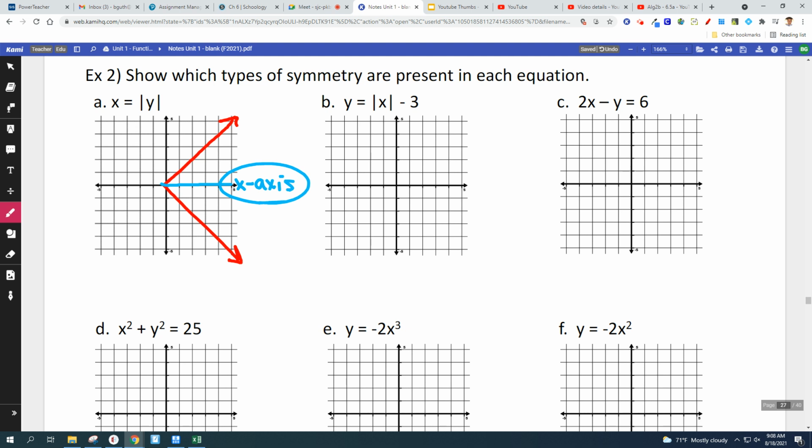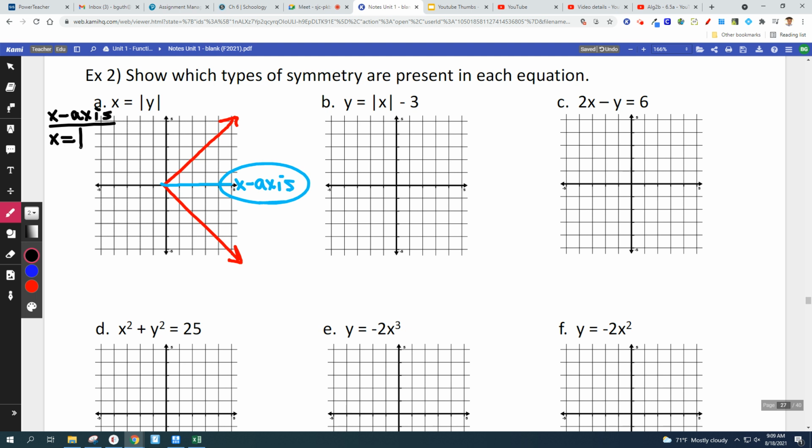Algebraically, to check this algebraically is not my favorite thing to do in the world, but if I wanted to check for x-axis symmetry, I would flip y in the equation. So look at your equation.